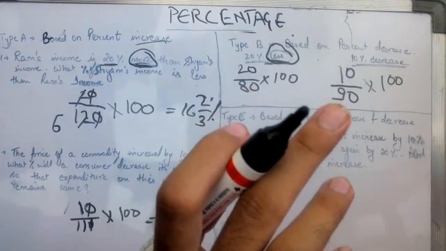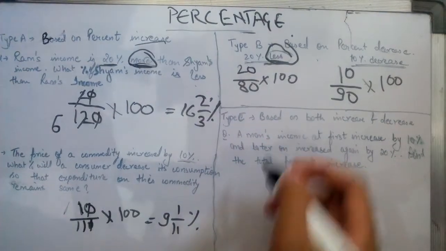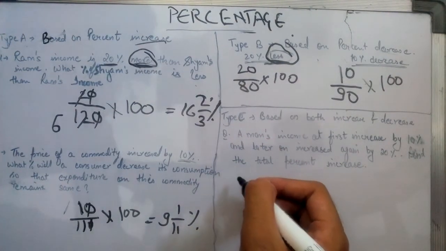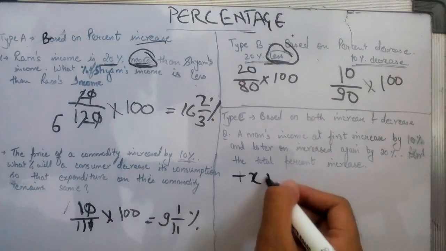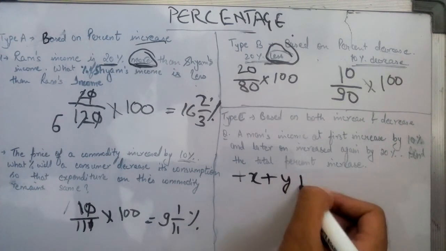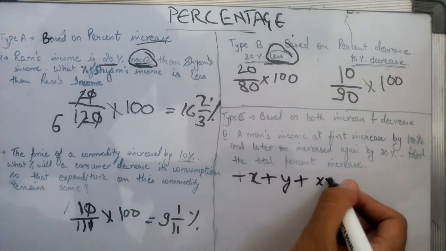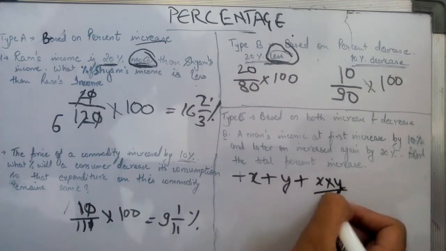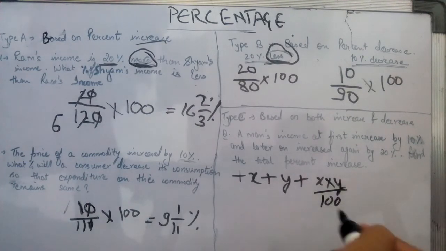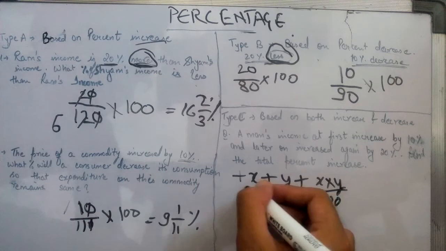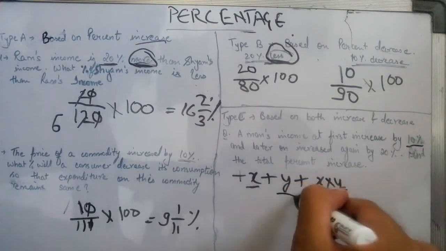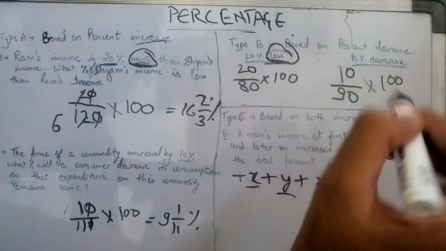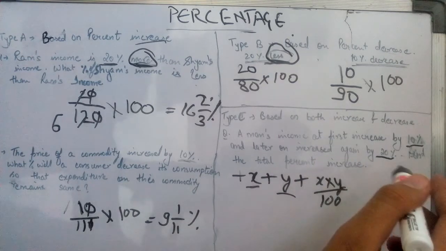Doing these questions, the trick is like this. Please concentrate here: x plus y plus x into y by 100. Now what are x and y? The x is the first number which has been given here, that is 10. Y is the second number, that is 20.